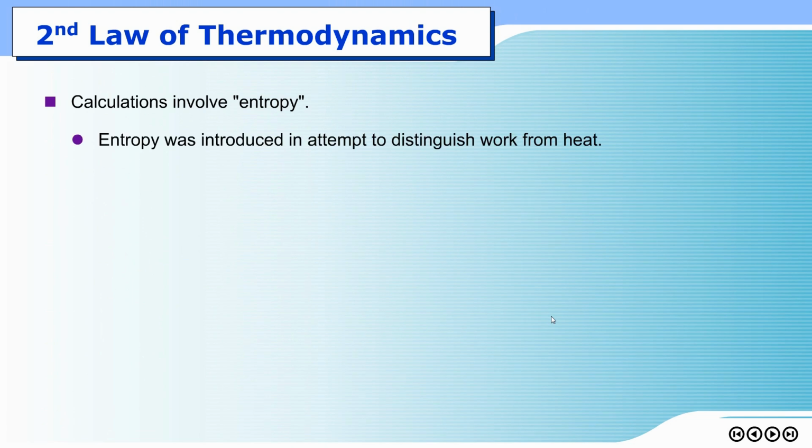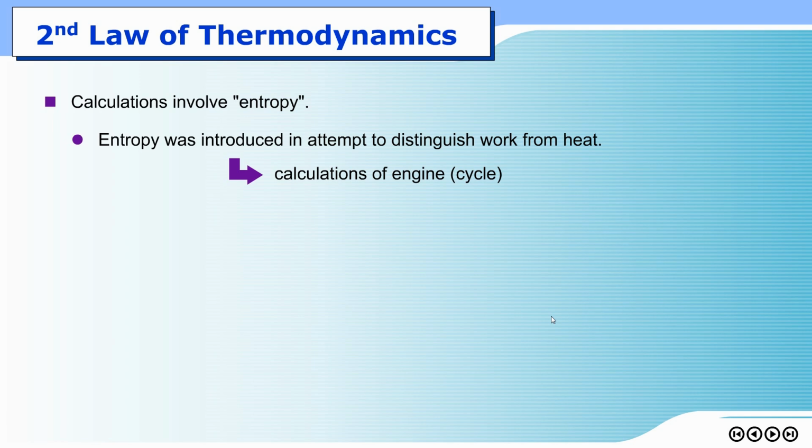So it was stated that entropy was invented. Somehow this is a new parameter that people have invented. It was invented or introduced in the attempt to distinguish work from heat. Okay, in such an introduction, the calculation was done on an engine, and this particular engine was designed to be operated in cycles.